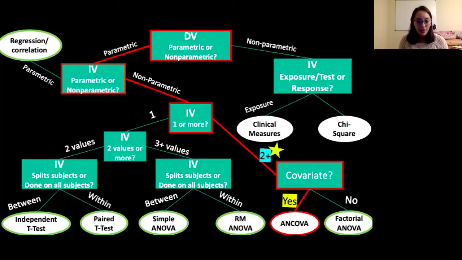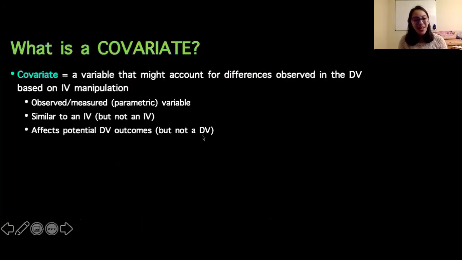So what is a covariate? I think that's a good thing to address first. Basically, if we think about covariate in similarity to covariance when we talked about regressions several weeks ago, right? That covariance basically was looking at relationships between variables and the ability of a certain number of variables to predict a dependent variable.